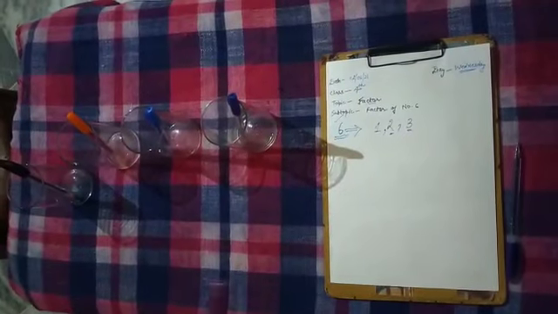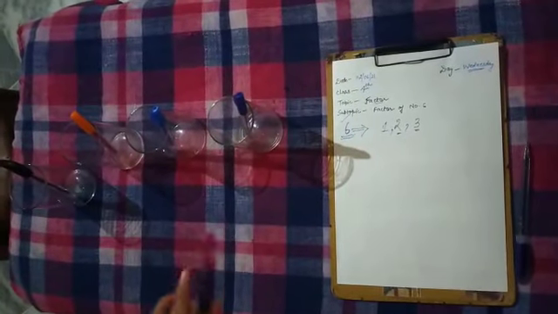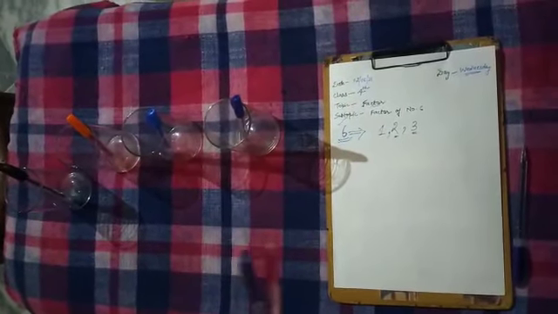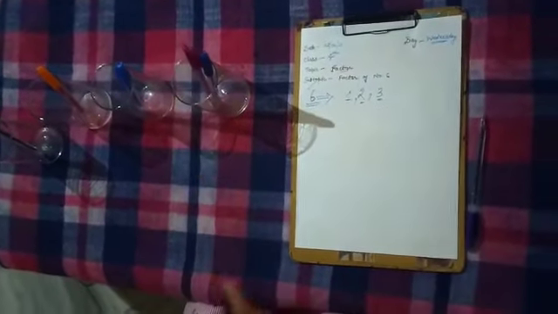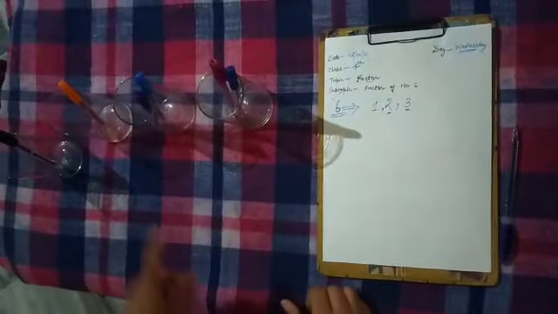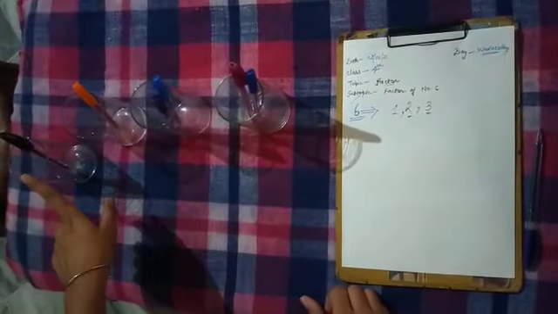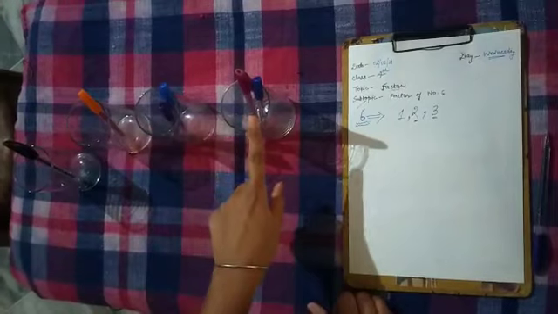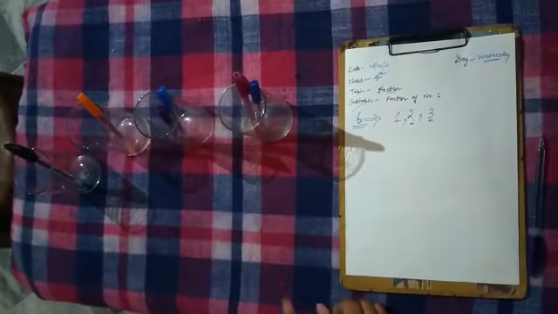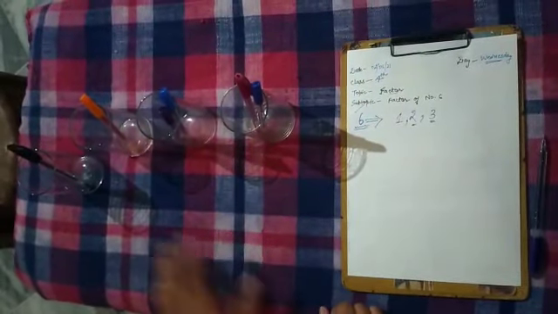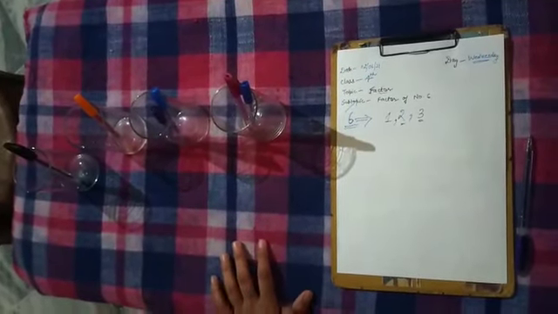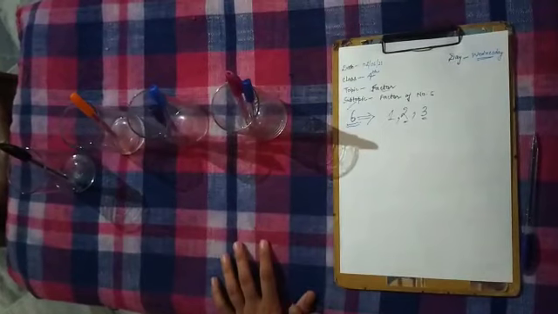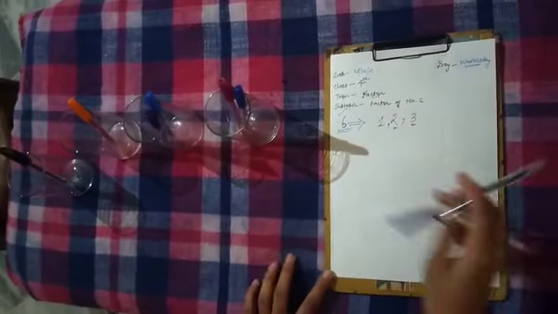Now students, see, we have put one pen in each glass, but 2 pens are left. If we put these pens into the glasses, in 2 glasses there is only one pen and in the other 2 glasses there are 2 pens. So we can't divide 6 equally into 4 glasses. So 4 is not a factor of 6.